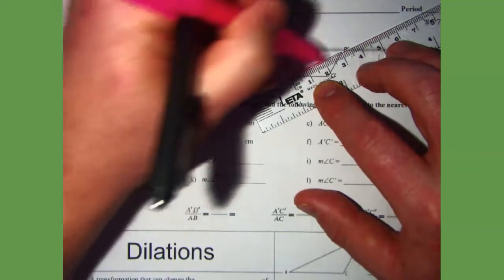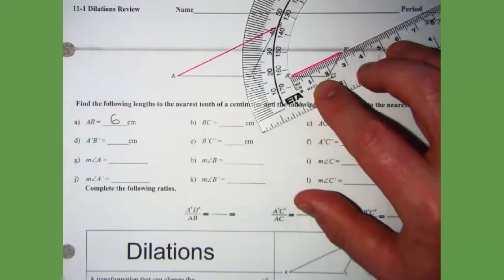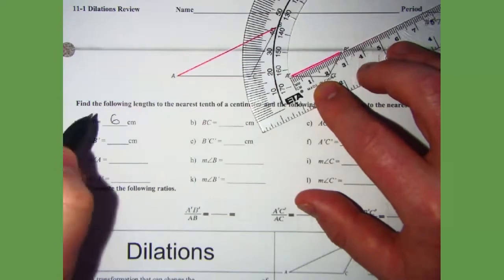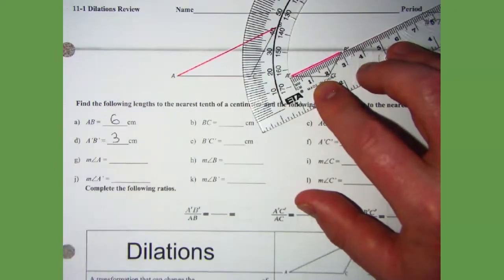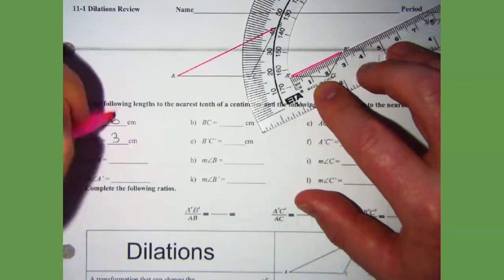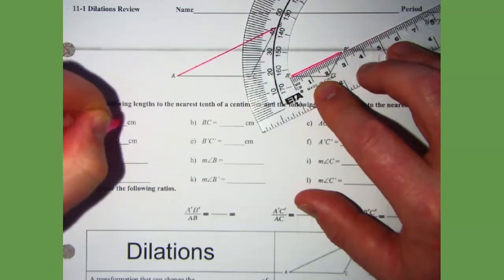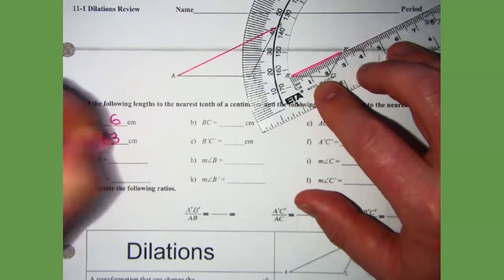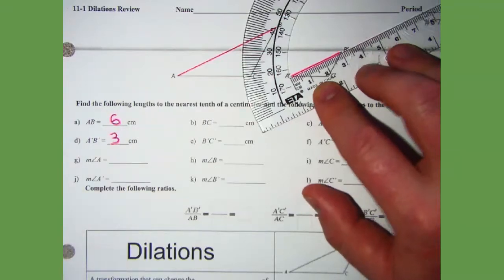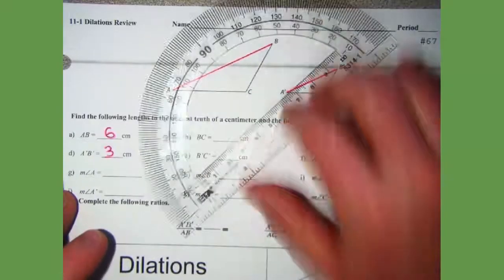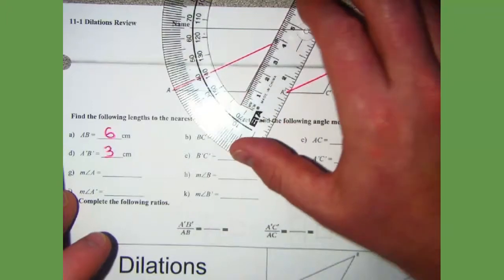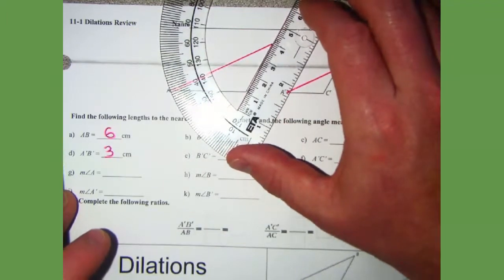So the same rules follow. We always want to look at corresponding parts in pairs. And then repeat the same process for the other sides. Let's see here, what's next? BC, so calculate BC. Looks like it's 3.